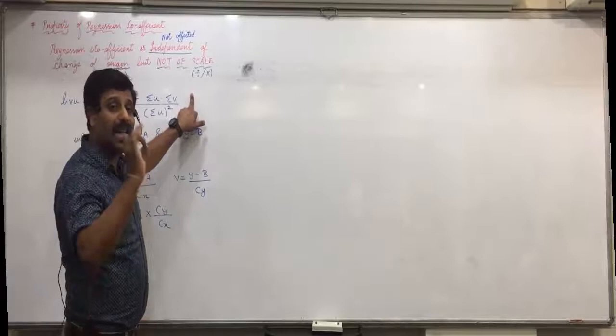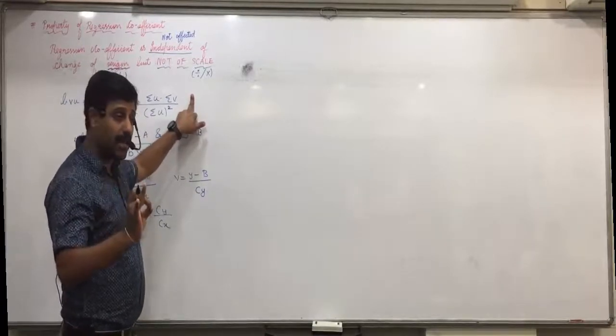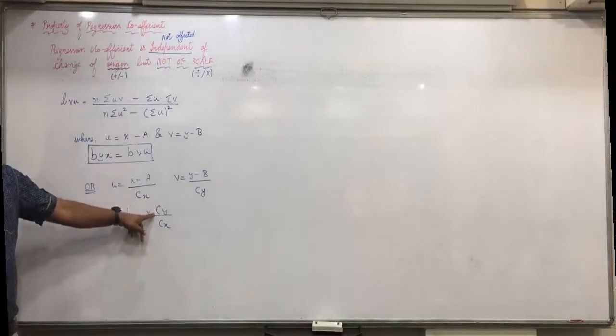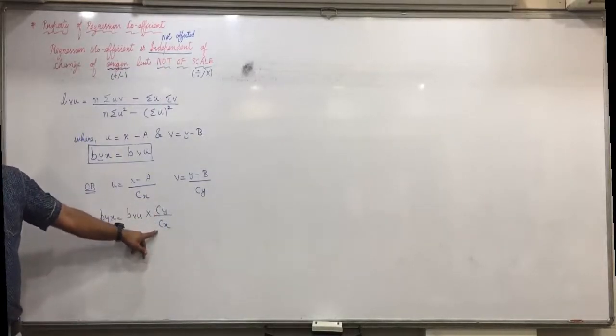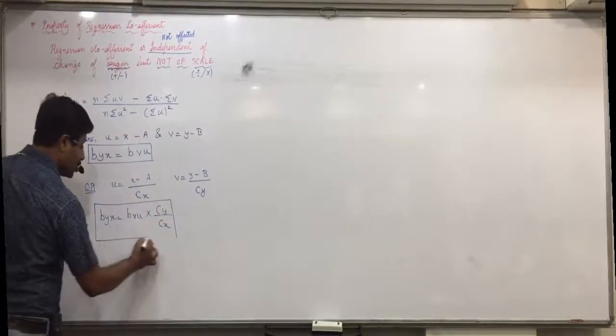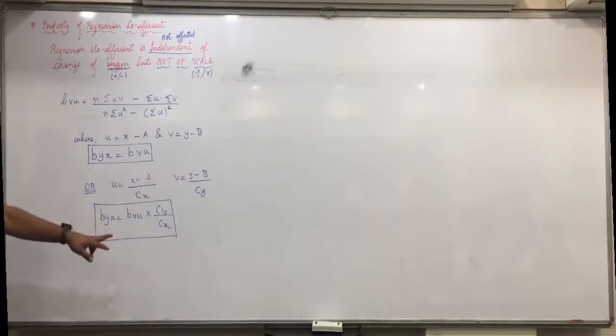So you will multiply by the common factor of Y and divide by the common factor of X. This is an important element in the question. If you don't do this, your answer will be wrong. Got it, everyone?